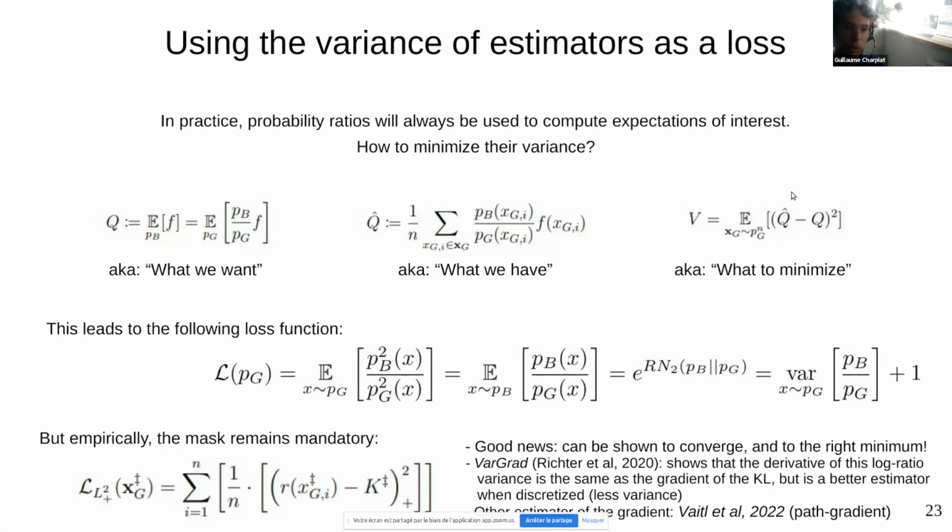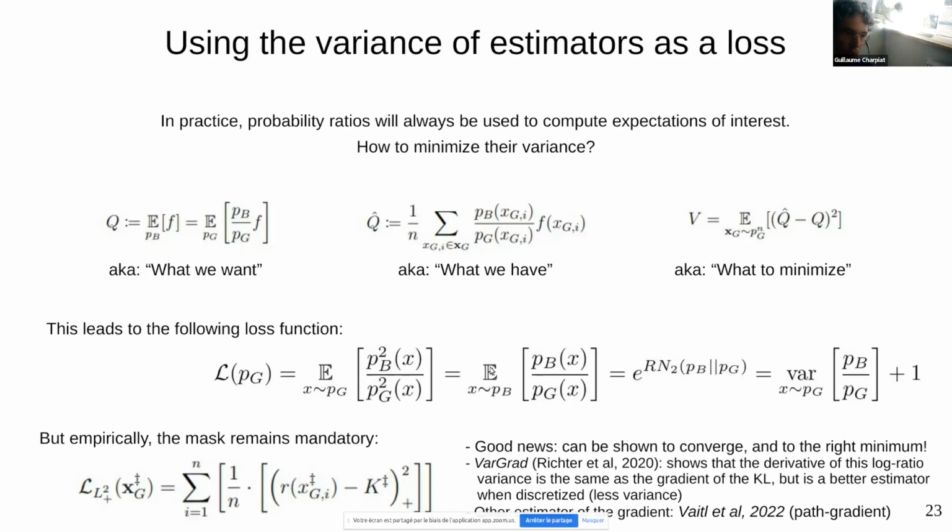And actually, if we dig into that and we develop this expression here, like what is the variance of my estimator Q here, given a certain generator G, then actually you obtain something like this, which is just the expectation of the ratio PB over PG squared. So basically the variance of this quantity that you can rewrite in a bunch of other manners actually.